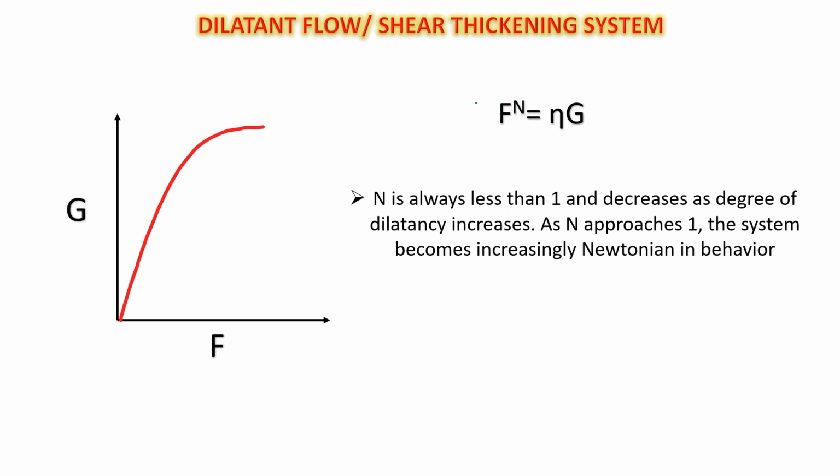Understood? More dilatant behavior as it goes away from 1. And as it approaches 1 it will become more of a Newtonian system. Again, its slope at every point will be different, it's not exactly a straight line, so it will differ. Graphical representation, understood? So viscosity is also not constant here. It is a graph which is passing through the origin.